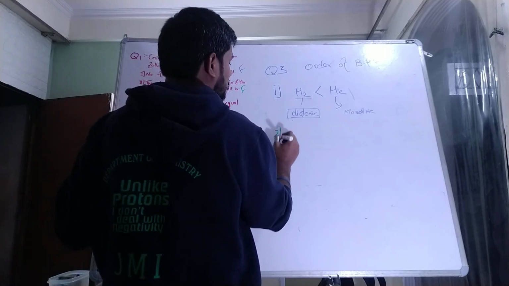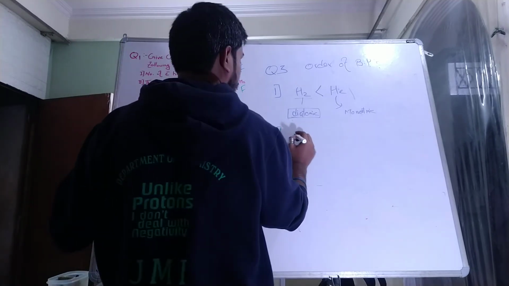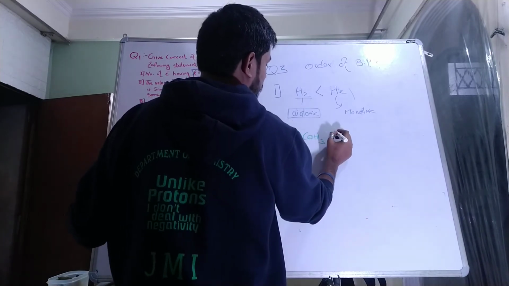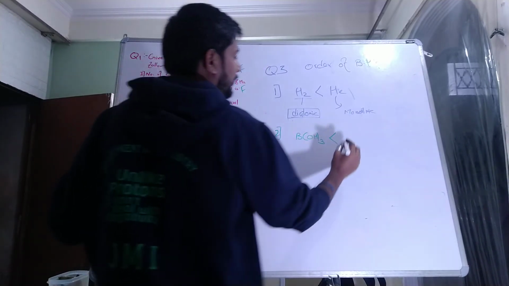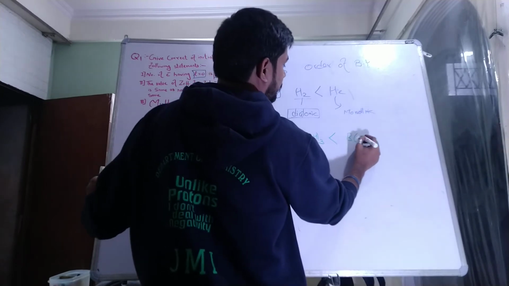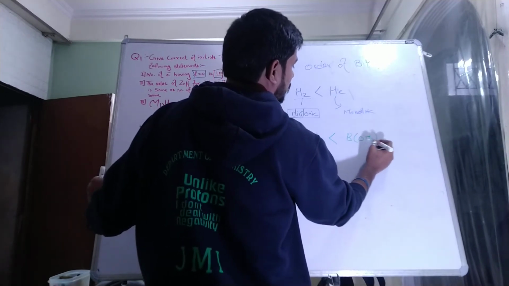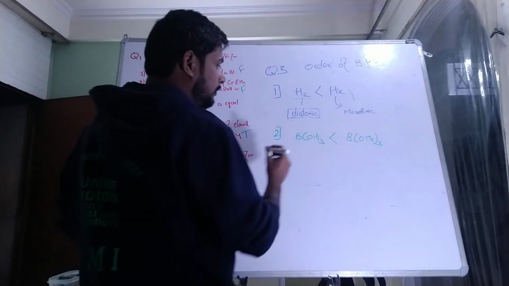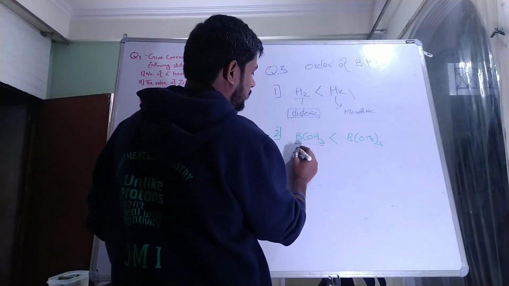The second option is given: B(OH)3 has a lower boiling point than B(OMe)3. It is a very well-known compound, B(OH)3. It is boric acid.